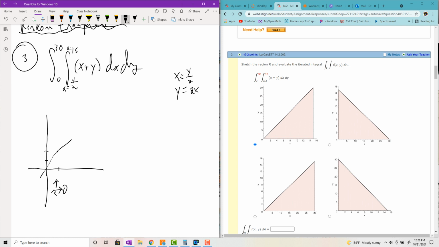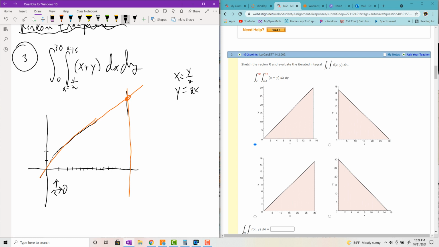The only unfortunate part is I think we have to go all the way up to x equals 15. So anyways, that's the curve x equals y over 2. And then we need to go to x equals 15, which is way out there somewhere. 1, 2, 3, 4, 5, 6, 7, 8, 9, 10, 11, 12, 13, 14, 15, I guess. It's this curve. This intersection point, we'll probably need that point.